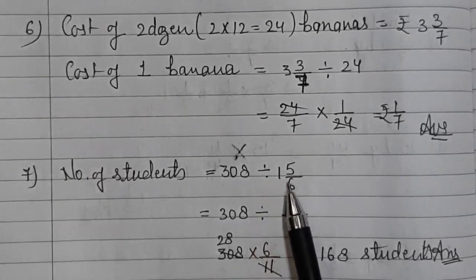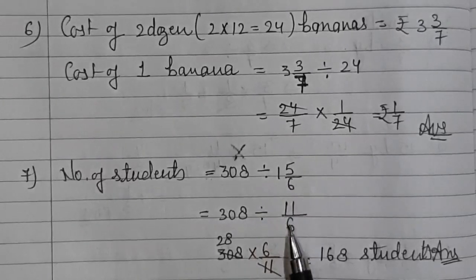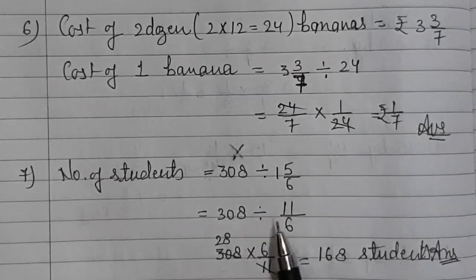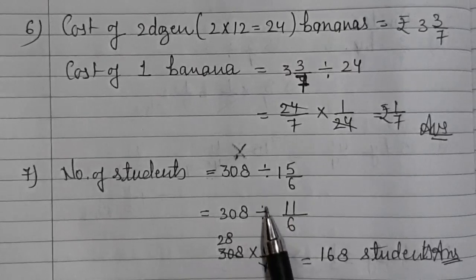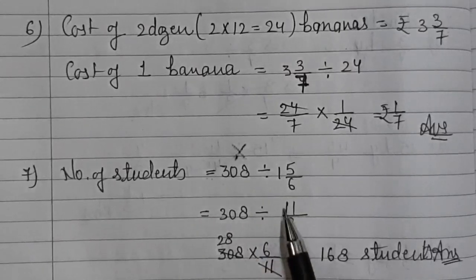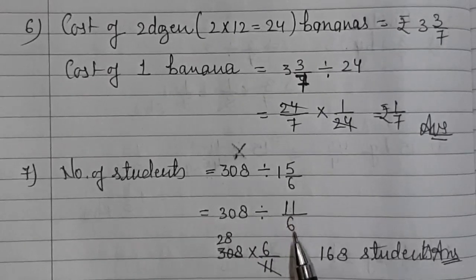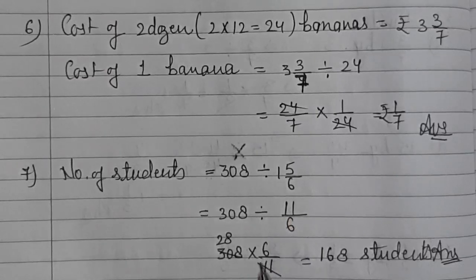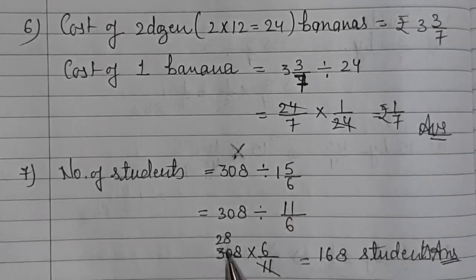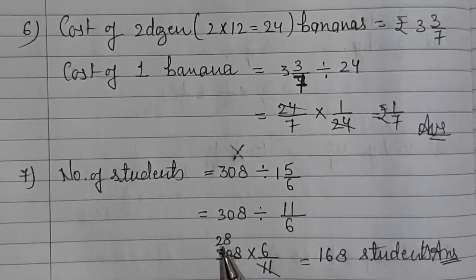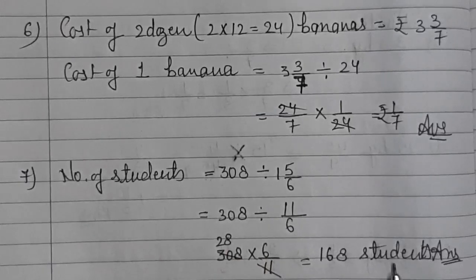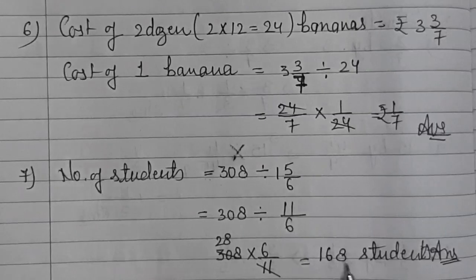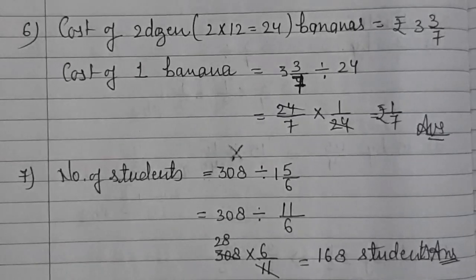So again convert this mixed fraction into an improper fraction. 308 divided by 11 by 6. And then convert this division sign into multiplication. We write the reciprocal of 11 by 6, that is 6 by 11. When we cancel out numerator with denominator, answer will be 28 into 6, that is 168 students. So that means the number of students in the hostel is equal to 168 students.